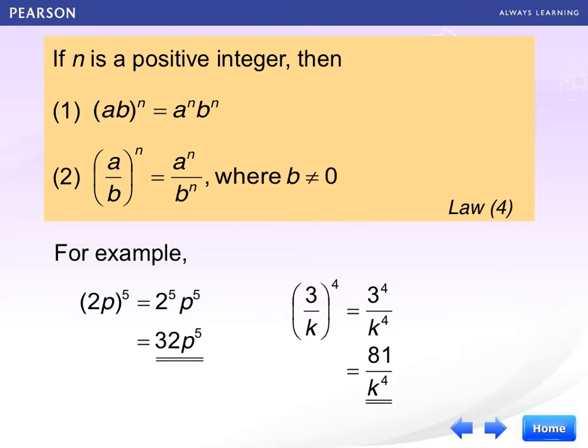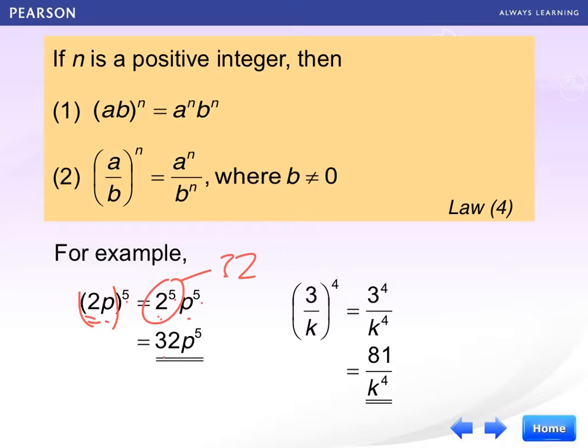Alright, so here are the examples. When 2p takes the power 5, the product takes the power 5, that means the 2 and p each take the power 5. As a result, p to the power 5 and 2 to the power 5 is 32. So it's 32p to the power 5.